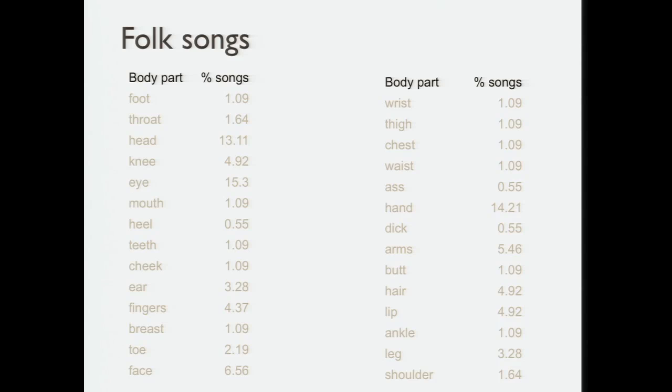So this is an art project we did a long time ago. We got thousands, I think 10,000 songs, and counted the number of times body parts show up in these different songs. And then we separated by genre.